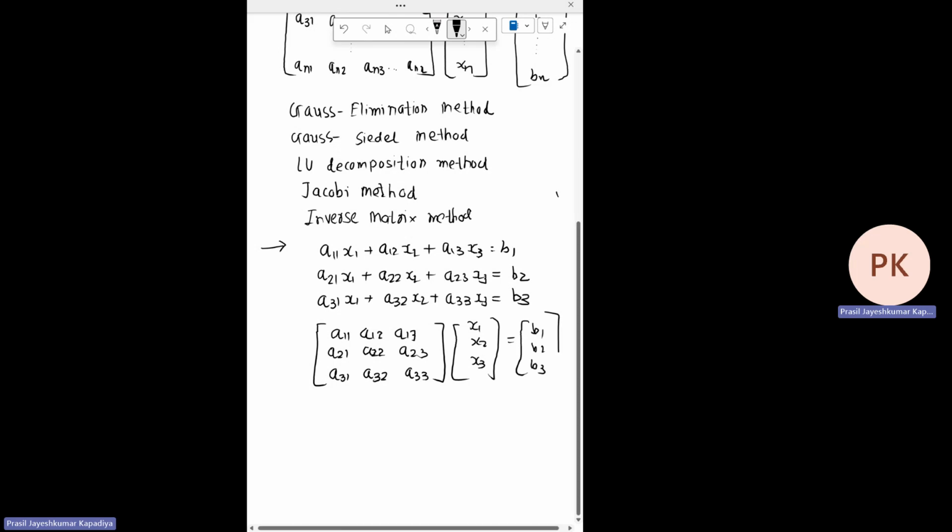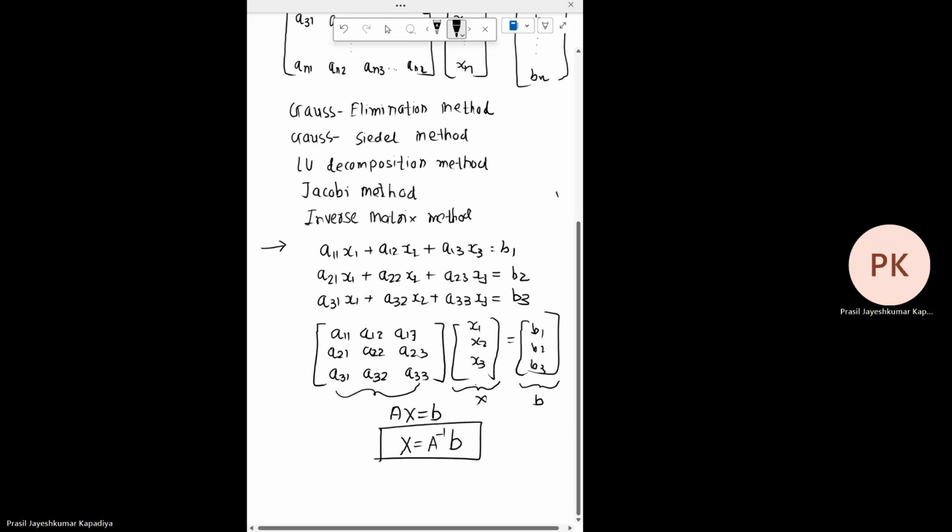Let's say I'm writing this as A, this as x, and this as b. Ax is equal to b. How can I find x? x is equal to A inverse b.